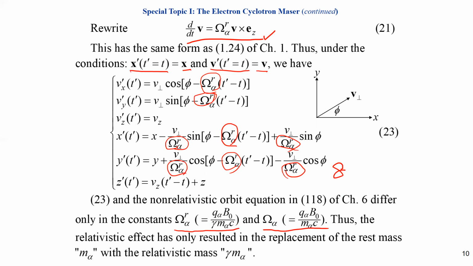Relativistic effect results only in the replacement of the rest mass. You can say that: replace the rest mass with the relativistic mass. Others are the same. Just change M alpha to gamma M alpha. Okay, looks very simple.